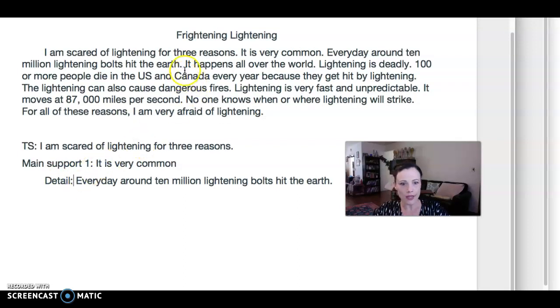How about the next one? Is it still more detail about common, or is it something new? It happens all over the world. I'm still talking about common. So this is still going to just be a detail. So I'm showing you the organization here.